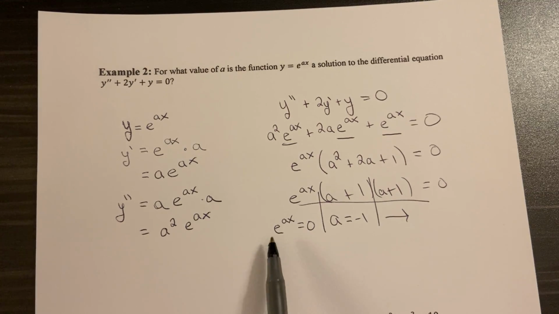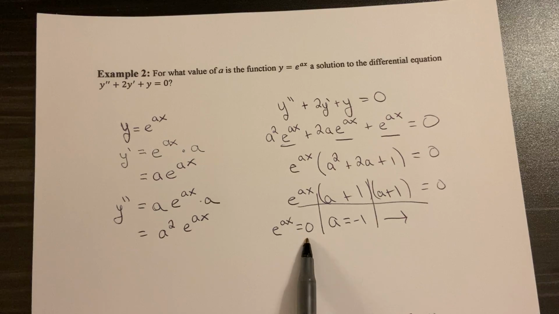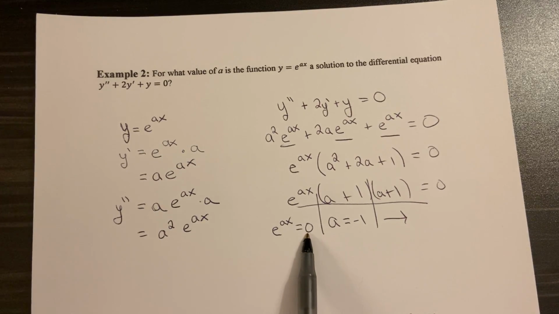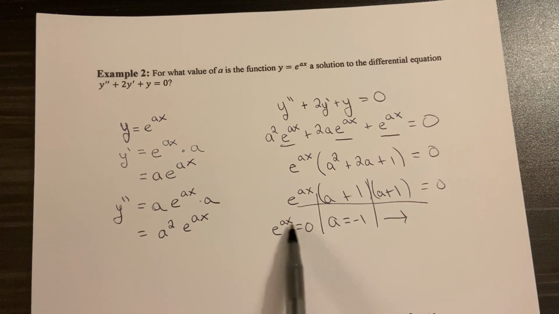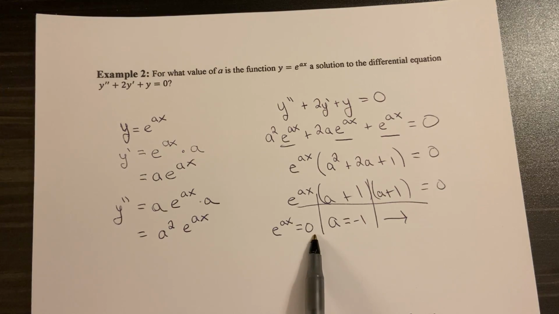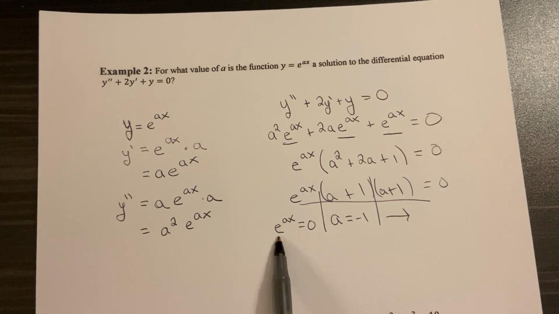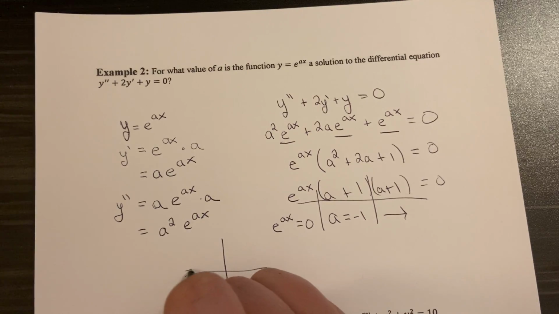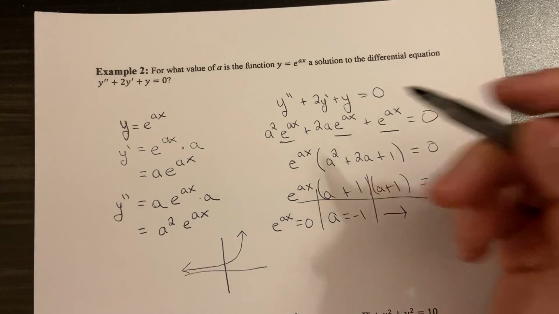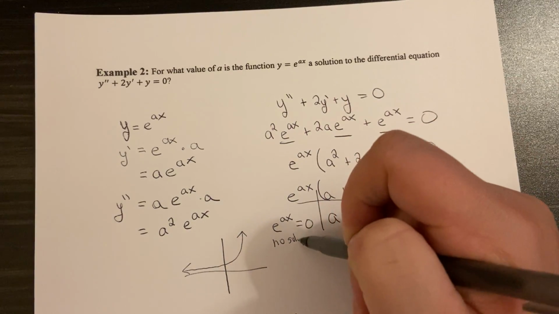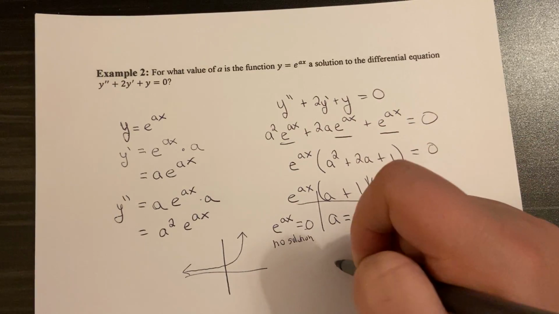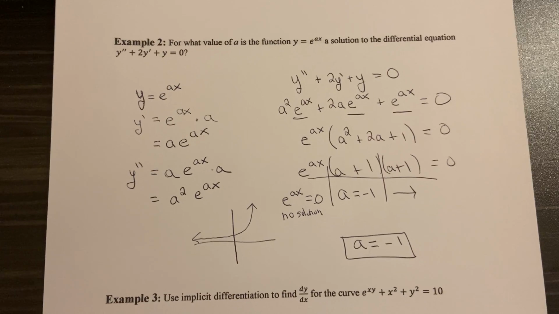There is a way to get it to be 1, like an exponential equaling 1 would be if the exponent is 0, but the vice versa isn't true. There's no way for me to get an exponential to equal 0. You've got to remember what any exponential function looks like, so it never actually hits 0. So this is a no solution scenario. So the only answer then would be a is -1, which is what we would want a to be.